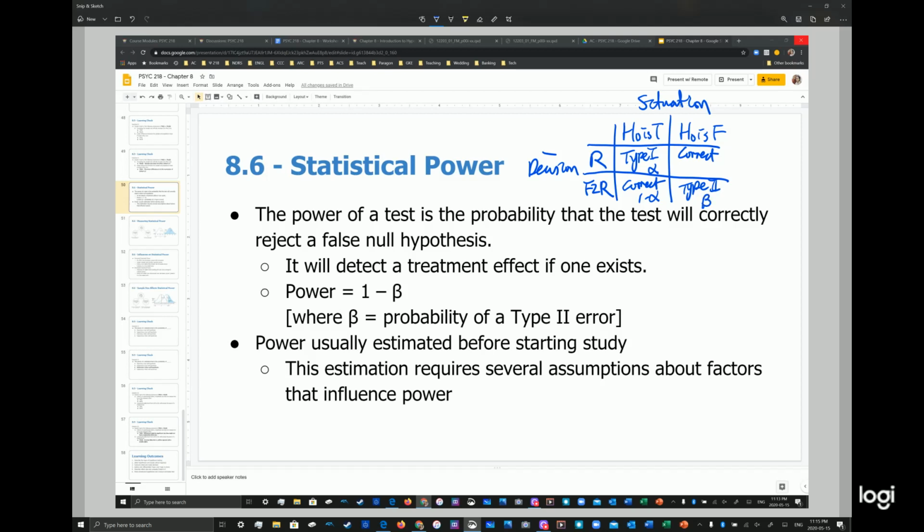And that would be beta. So power then is the remaining outcome and the remaining probability in the alternative distribution, that is not the null distribution. That would be 1 minus beta.